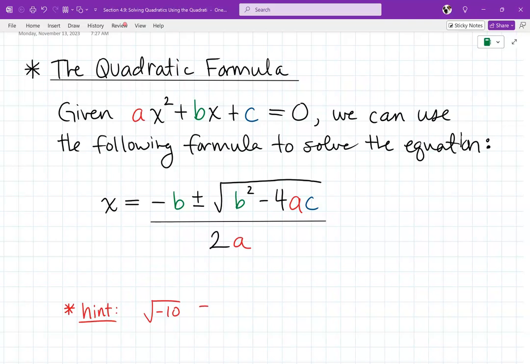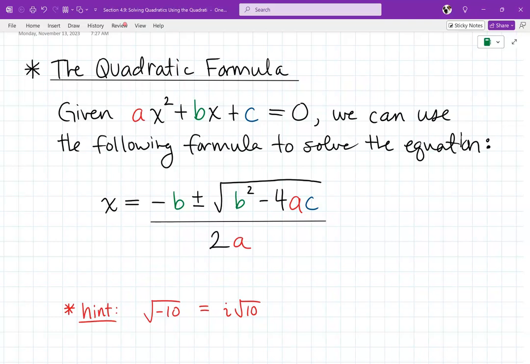Then automatically just write i radical 10. Notice how the negative disappeared? Because we're writing the square root of negative 1 times 10. We're taking the negative out from the square root and it becomes an i.